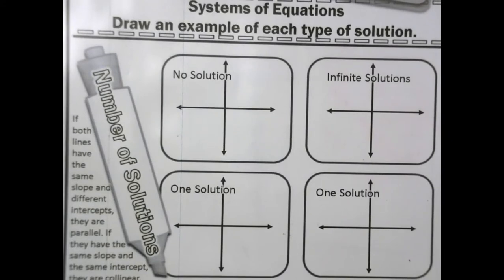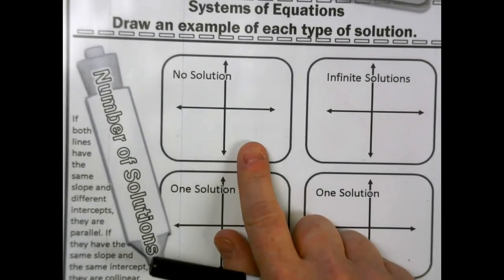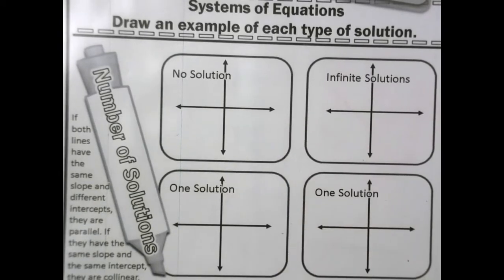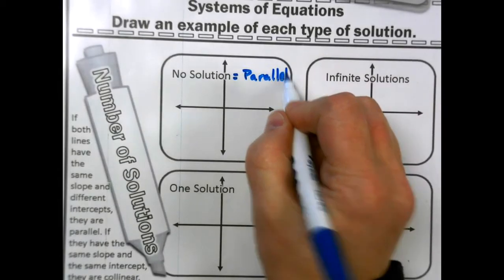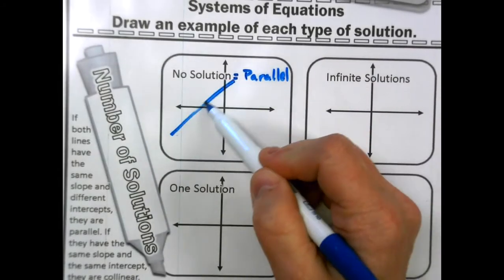Okay. So, how were the videos last week? What did he tell you the graph of something that had no solution looked like? They were parallel. So no solution equals parallel, right? So draw two parallel lines.